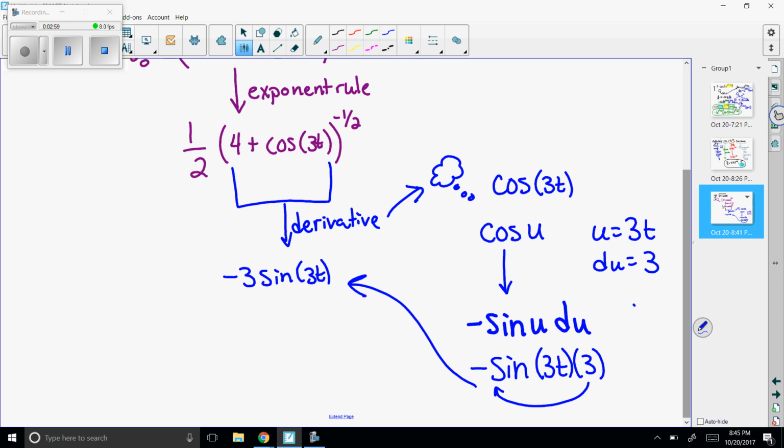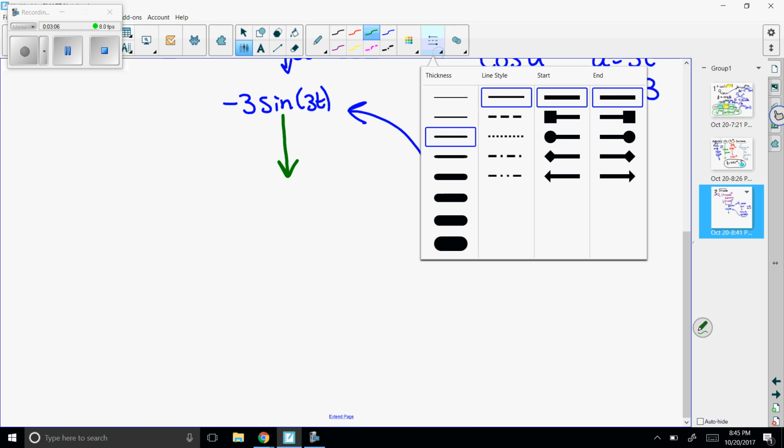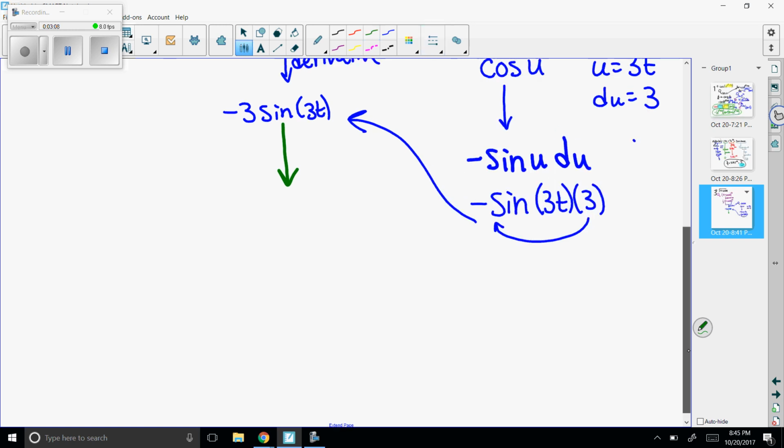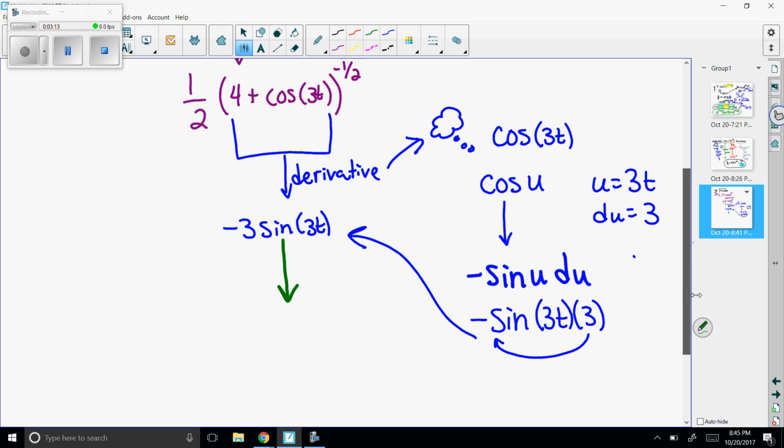So now if I want to write what my overall derivative is after I put it all together, let me change the thickness of my line here. After I put it all together, let me see if I can scrunch it all in here.